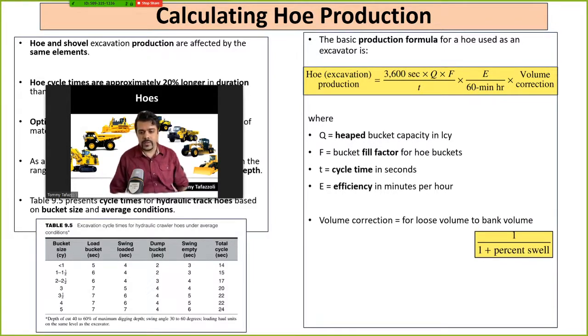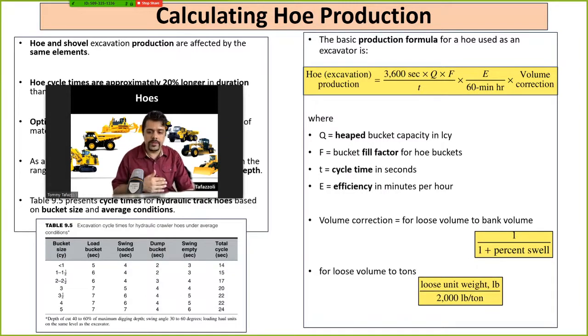For loose volume to bank volume, from loose to bank, you would multiply the loose by this number, and from loose to tons, if you want to convert it to tons, you just divide the number you have by 2,000 because there are 2,000 pounds in 1 ton.